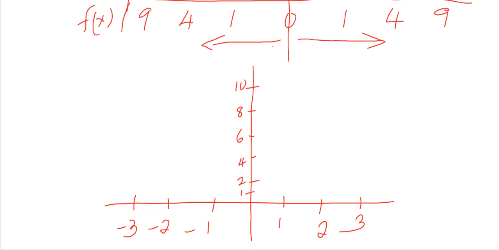So at 1, the value is 1. At 2, the value is 4. And at 3, the value is 9. This one is a curve, then 0 here. So we can draw a curve of that kind. On the other side, when x is minus 1, f of x is 1, then we have 4, some point here, then 9.